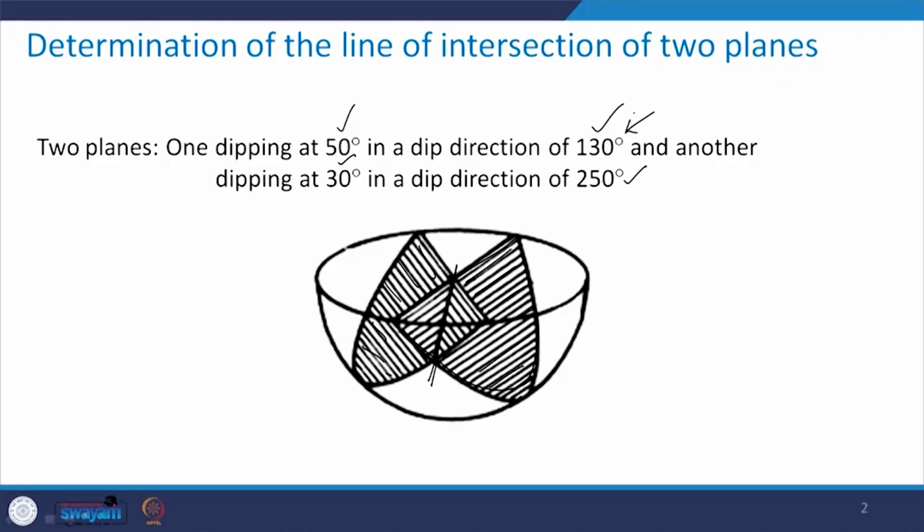So today we will plot this additional plane in that same figure, and then we will try to see how we can determine the line of intersection. You see that one plane has already been drawn.